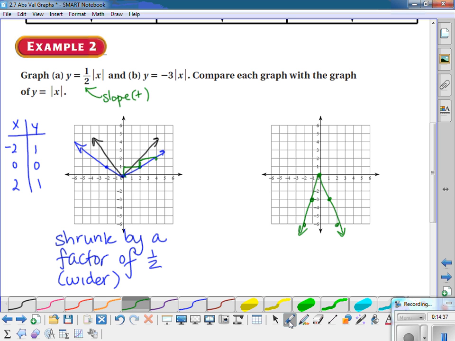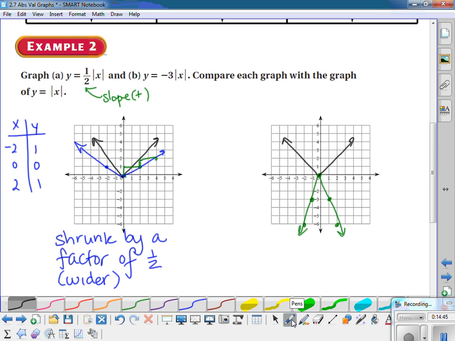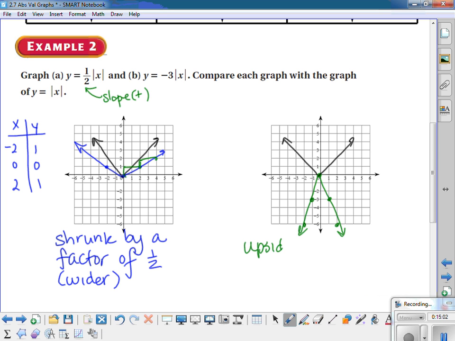So relative to the parent graph, what can we say about that one? A little louder, somebody said something. It's a reflection, okay, so it's upside down, right?